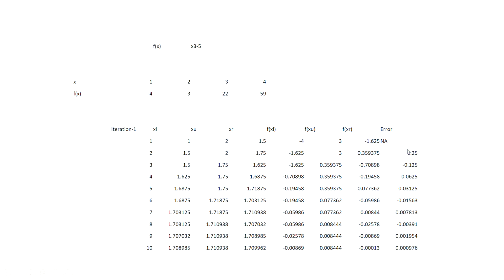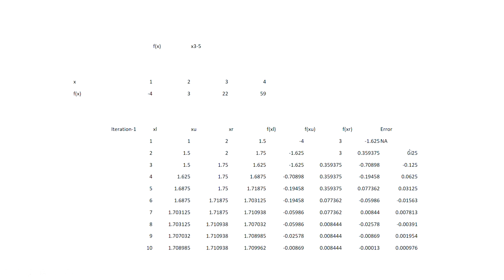There are two ways of terminating these iterations. One is to look at the value of the function at x mid. If it approaches 0, then we can say this x mid is my root. If it becomes 0 exactly, then definitely x mid will be the root. Another way of terminating the computation is based on the error.